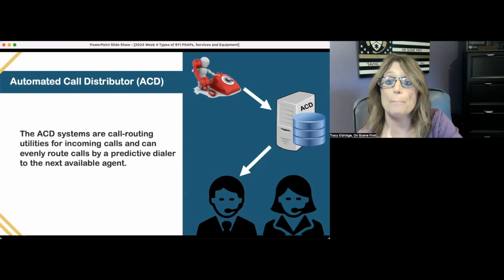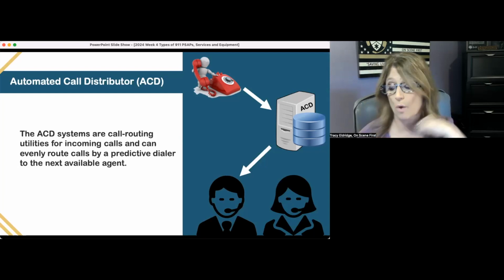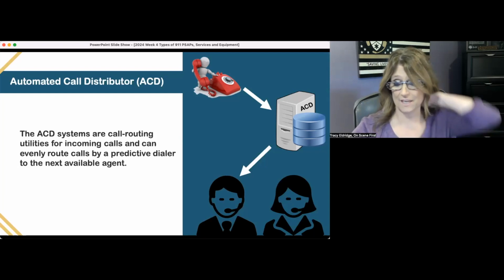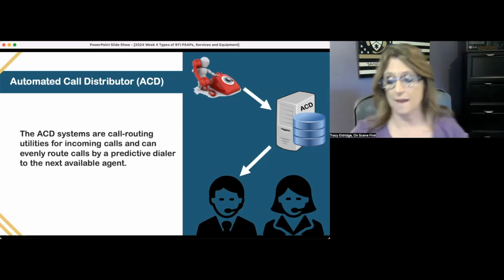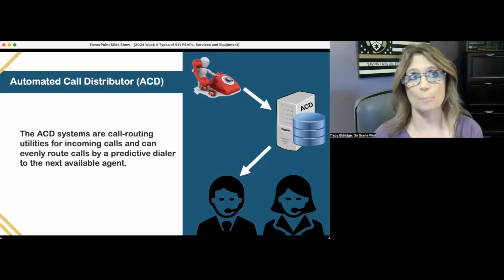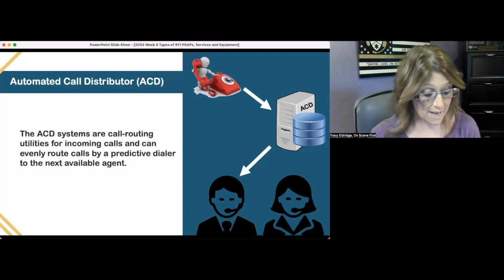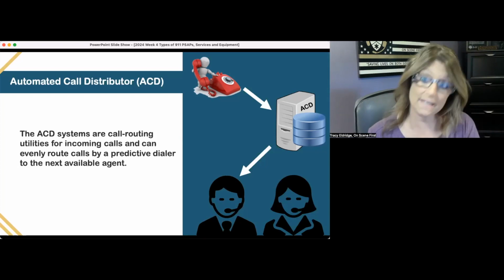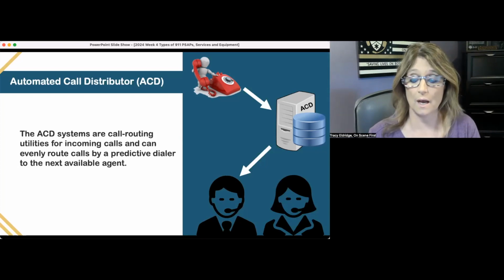But basically, when that 911 call comes in, it has the ability to do a few things. I do some work in Cincinnati, and you guys are definitely a bigger agency. But it's not just about sending it to the next available operator. It might actually be sending it to one particular operator.